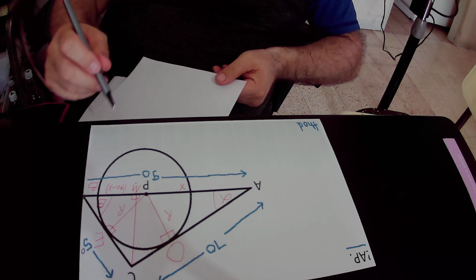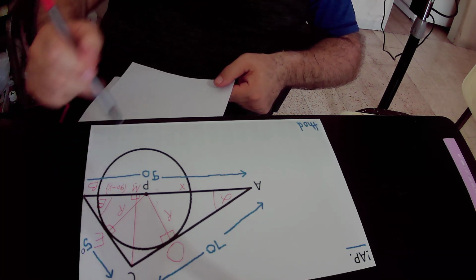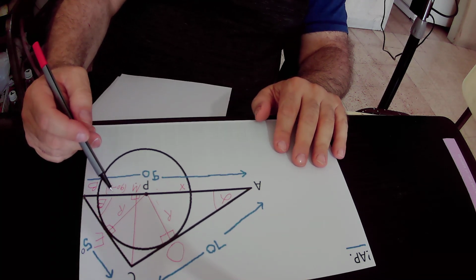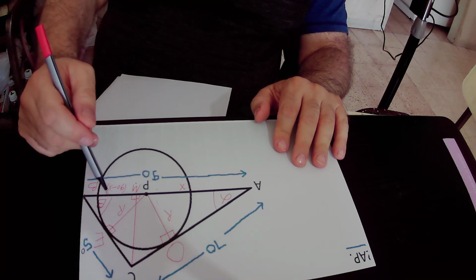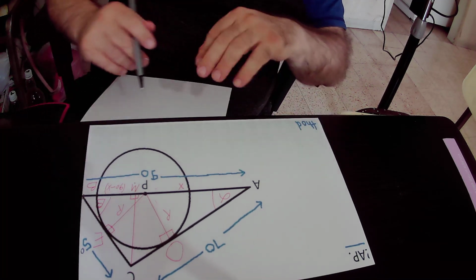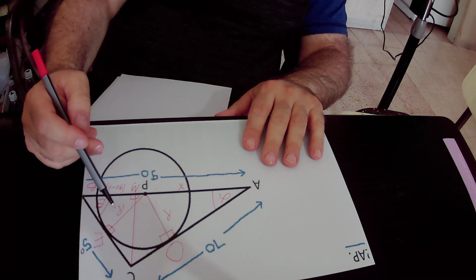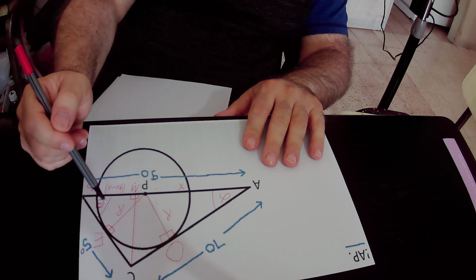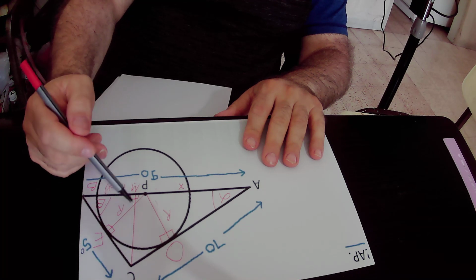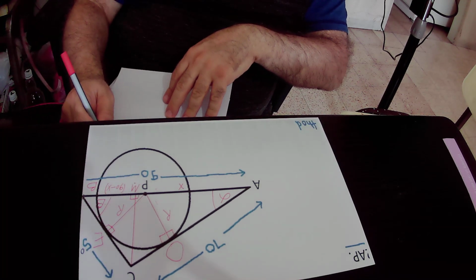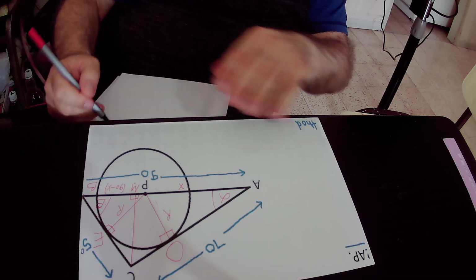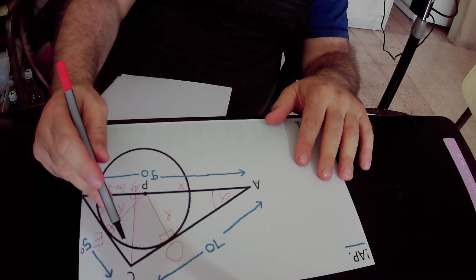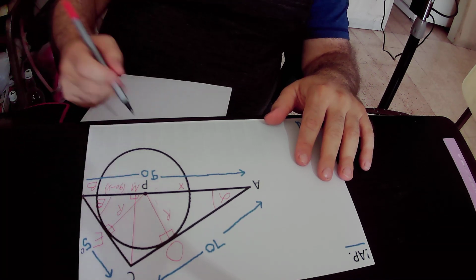And now we will focus on the right triangle CMB. In this right triangle, sine beta equals the side that is in front of angle beta, that is to say CM, divided by the hypotenuse of triangle CMB, and the hypotenuse of triangle CMB is CB.